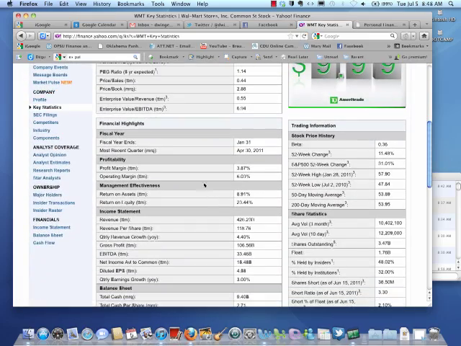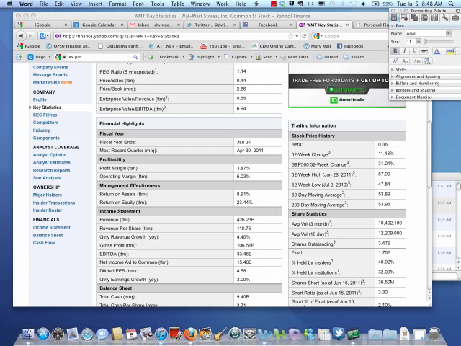You can see profit margin, profitability. So Walmart's profit margin is 3.87%. Return on equity, find that right here, 23.44%. That's a pretty good return. Beta, here's the beta. Beta kind of tells you the riskiness of the stock versus the market. 0.36 is Walmart's beta, not very risky.